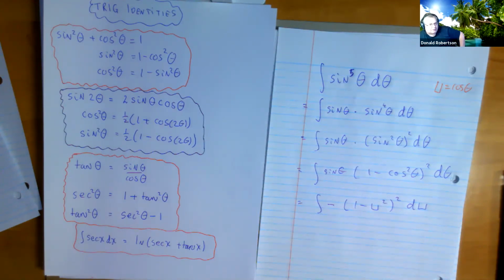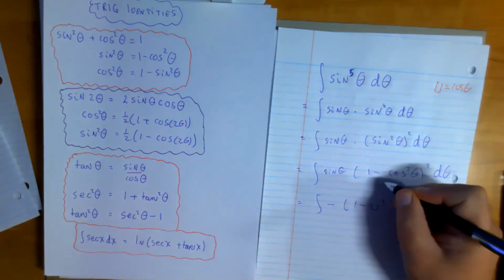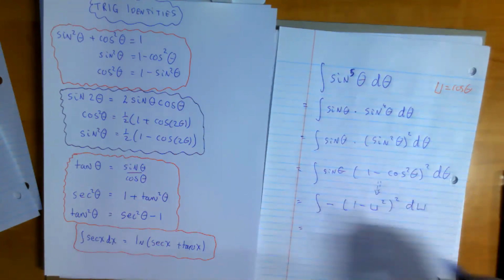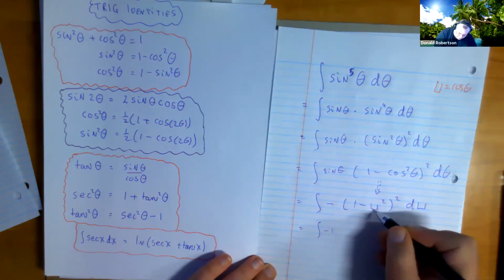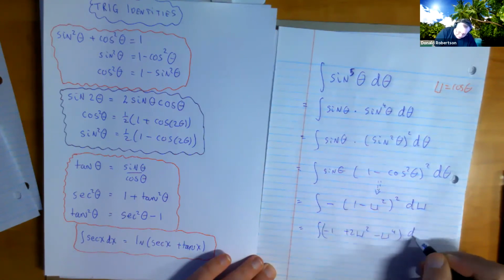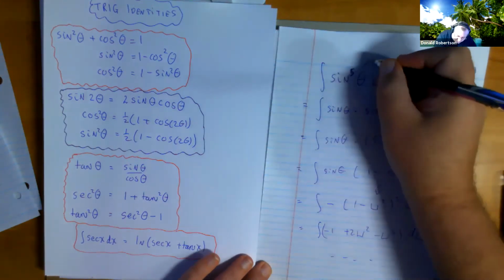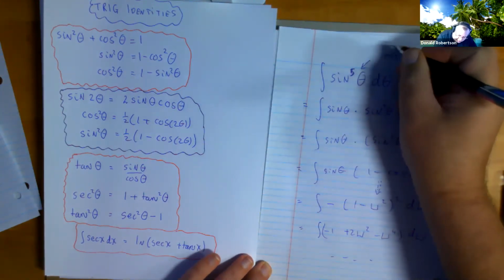I don't like the way it's written as far as integration goes. What do I have to do? Distribute. Okay. And that guy gets you 1, that guy eventually gets you 2 of these, and you get that fella. And then can't we dot, because we've pretty much broken the back of that one. Now that's what you're going to do with a sine cubed, a sine 5, a sine 7, also a cosine cubed, a cosine 5, and a cosine 7. So this is what you do when it's a single odd power.